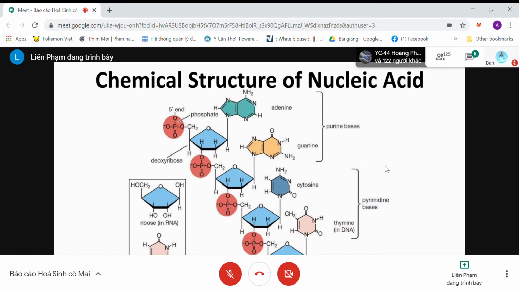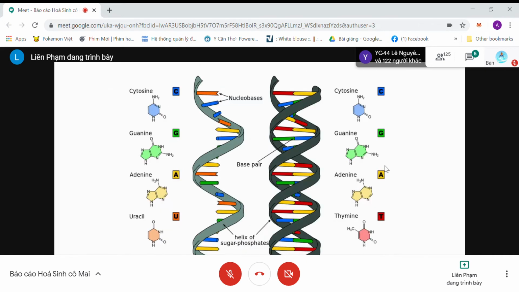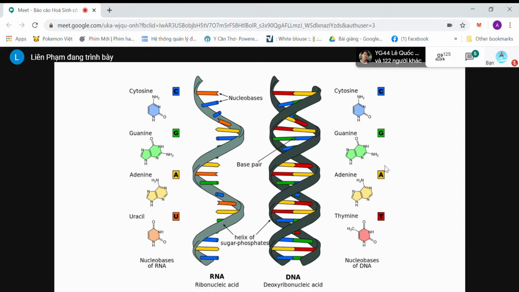And finally, a pentose sugar, which has 5 carbons in its molecule. If this sugar is ribose, the polymer will be RNA, which means ribonucleic acid. And if this sugar is derived from ribose as deoxyribose, the polymer will be DNA, which means deoxyribonucleic acid.